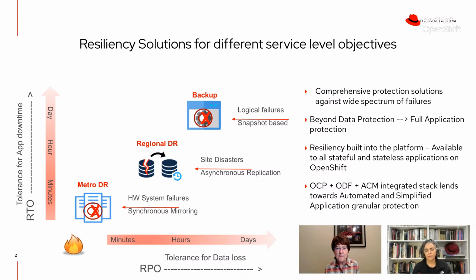So the asynchronous part of it means, because we have that distance between the sites for protecting against an entire area outage, we basically can't do a write and then get the write acknowledgement and still have good IO performance.